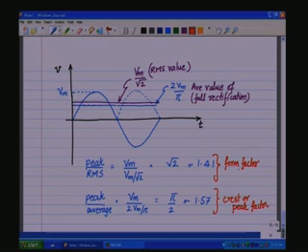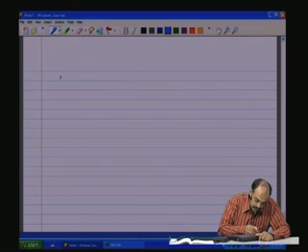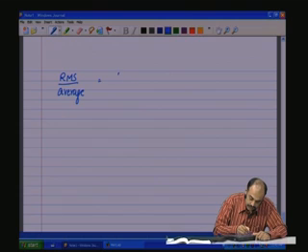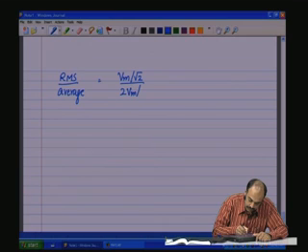Of course, the nomenclature is not so important, but what is important is the ratios of these things. There is one more ratio probably you could remember, that is the RMS by average, which is Vm by root 2 divided by 2 Vm by pi.